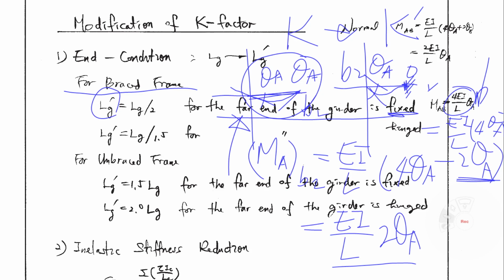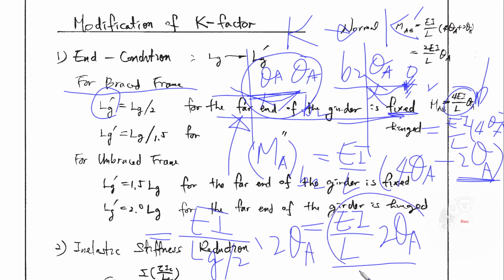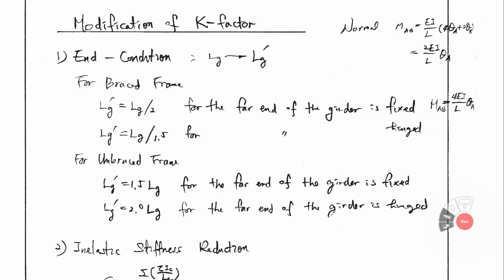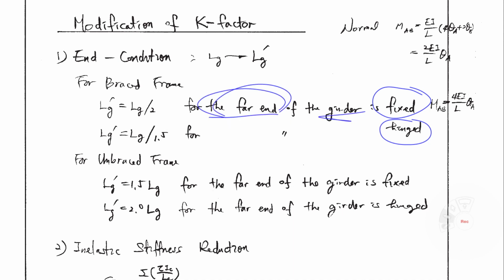So LG prime equal, if we input here the original one, EI, LG prime equal LG over 2 and 2 theta A. In this specific case, from this original equation, we replace LG prime. In the fixed end case, LG over 2. It results in this one, 4 theta A, right? That is the way to modify the K factor for different boundary conditions of the far end of the beam or the far end of the girder, the same thing.